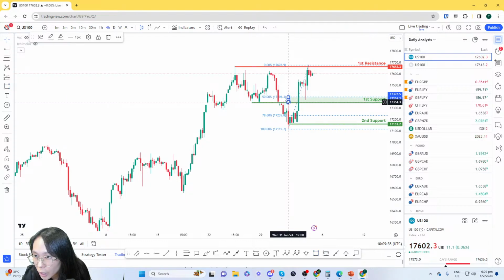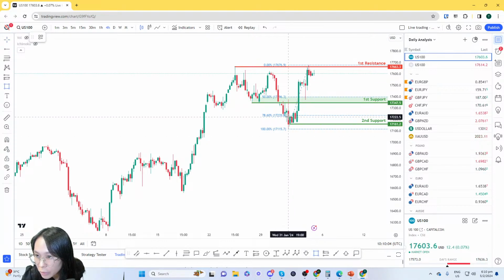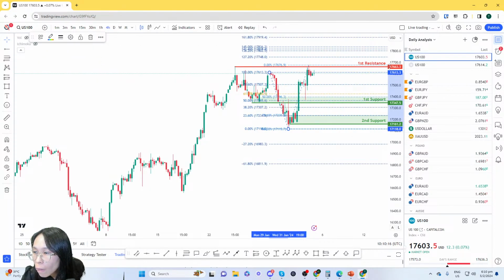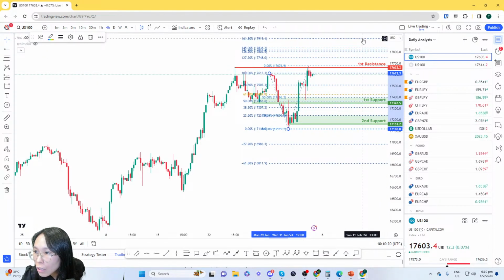So this level will be a strong level of support. And let's see if there's any extension. Okay, 161 is a bit far.